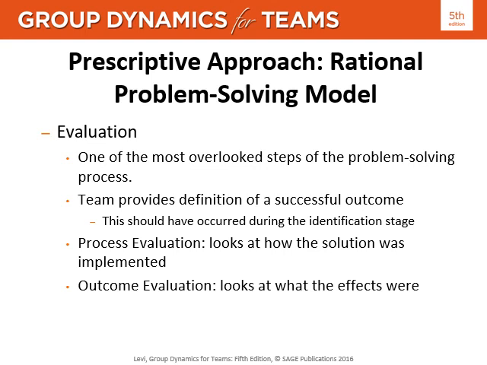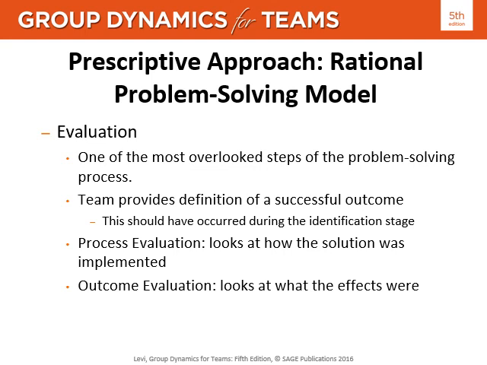These evaluations require that the team provide a definition of a successful outcome, something that it should have done during the problem identification stage. Sometimes, even when the solution resolves the problem, the undesirable situation does not change significantly. This happens when a team solves only part of a larger problem and the rest of the problem comes to the foreground.